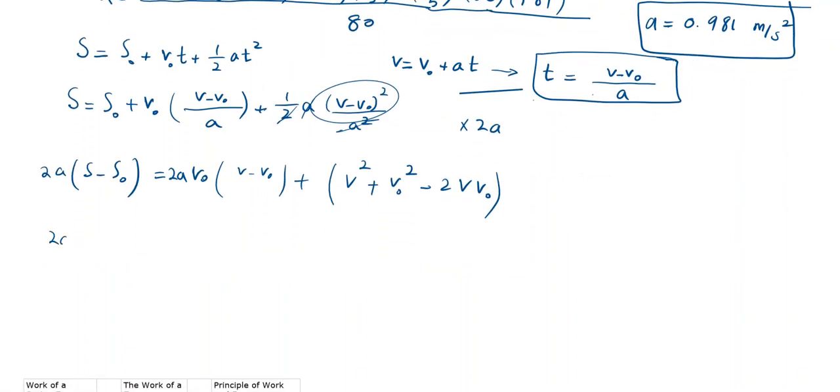I would get 2a(s minus s naught) is equal to 2a v naught v minus 2a v naught squared, plus v squared plus v naught squared minus 2 v v naught.